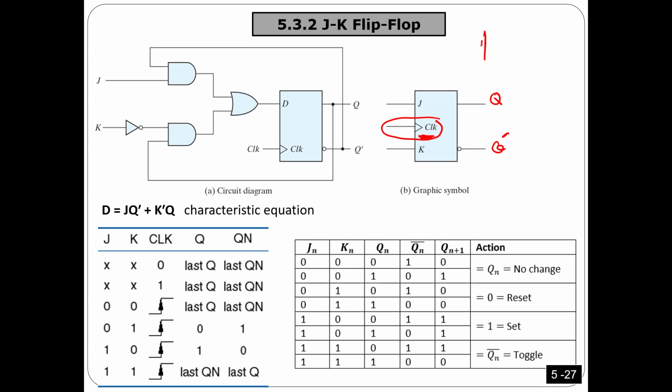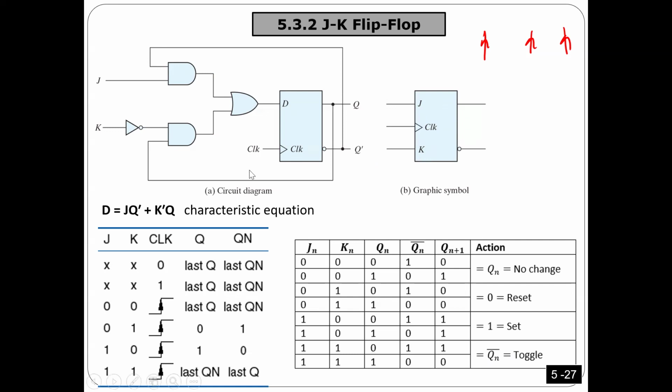So here action will be taken at rising edges. Now on top of that, in JK flip-flop, I have two inputs, not one input, J and K. In D flip-flop, I have only one, D. But in the case of JK flip-flop, I have two inputs, J and K. Is that okay?